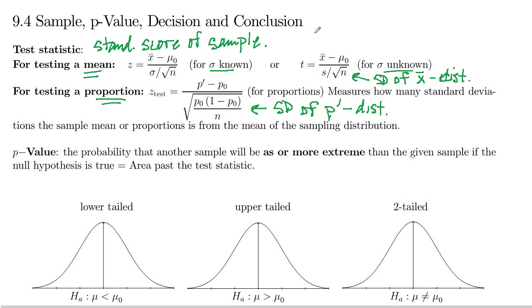And so if that is a bigger number, bigger positive or bigger negative, that's a more extreme sample. Your p-value is defined to be the probability that another sample would be as or more extreme than the given sample if we know the null hypothesis is true. So geometrically, that's the same as the area past the test statistic.